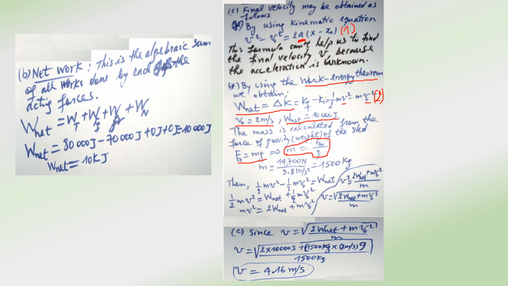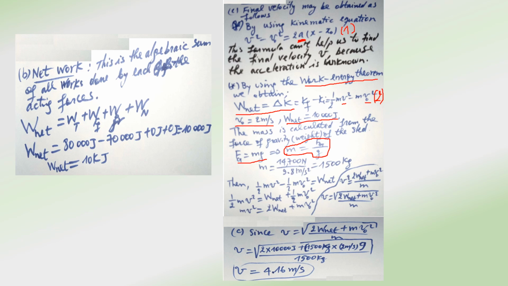Then we have the change in kinetic energy, 1 over 2 m v squared minus 1 over 2 m v0 squared equals the net work done. Rearranging to get the final velocity, the 1 over 2 m v squared will remain on the left hand side, and the net work and the initial kinetic energy go on the right hand side. Finally, the final velocity equals the square root of 2 times the net work plus mass times v0 squared, over the mass.